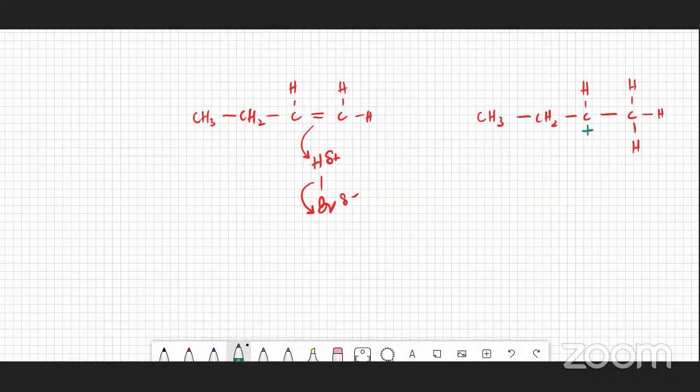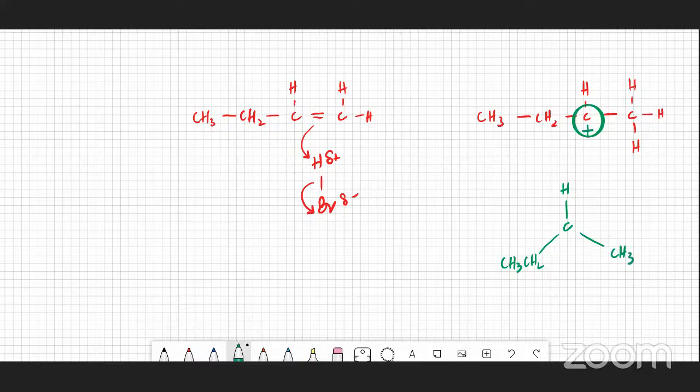Now if you look at this carbon atom, it's right now bonded to just 3 groups. If it's making 3 bonds, that means it's trigonal planar. So that's H, there is CH2 and CH3 on one side, and there is CH3 on the other side.